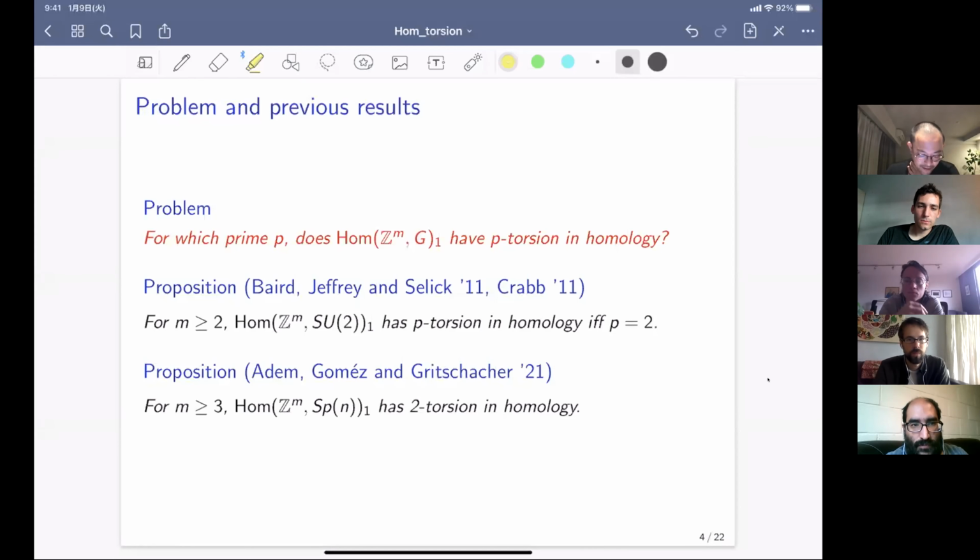And the second result is a very recent result by Adem, Gómez, and Gritschacher, which states that for m greater than or equal to 3, not 2, Hom(Z^m, Sp(n))_1 has 2-torsion in homology.